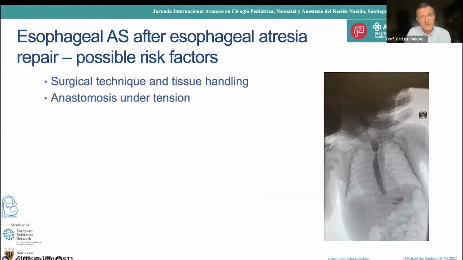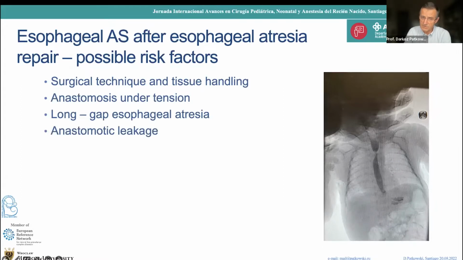Of course, anastomosis under tension is a great risk, and also long gap esophageal atresia, because there is poor vascularization, a big tension, a lot of scar. Anastomotic leakage is also one of the possible risk factors, and poor tissue quality. It's interesting that sometimes we have a case where the esophageal tissue is very poor, very thin.